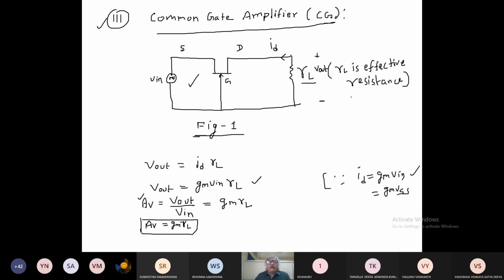Now you see this diagram. Here ID is the drain current, and here IS is the source current, and you can also call it I in. This is our input current, I in, right?